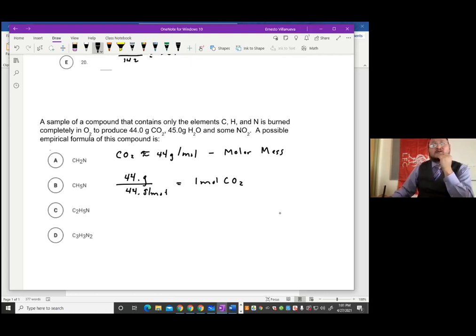In 1 mole of CO2, there's 1 mole of carbon.